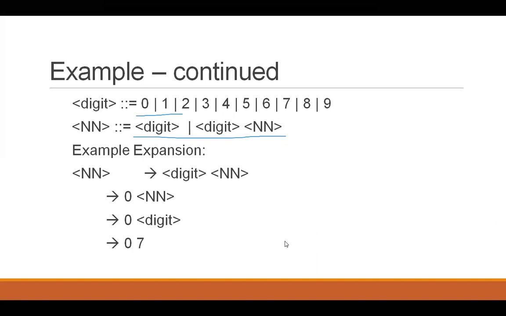But we don't write 0 on the left hand side. What we do is we always start our values with a non-zero digit. So this is another problem. We have to define our BNF in a way that the value doesn't start with 0.